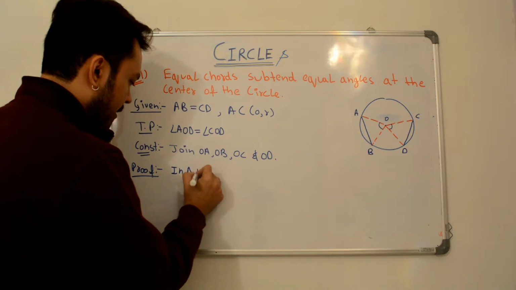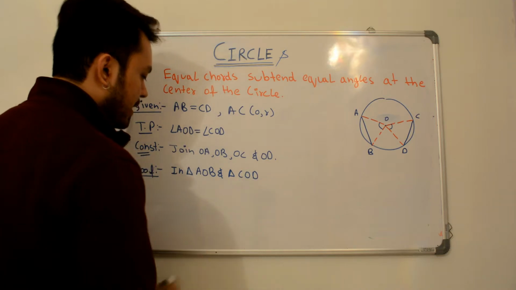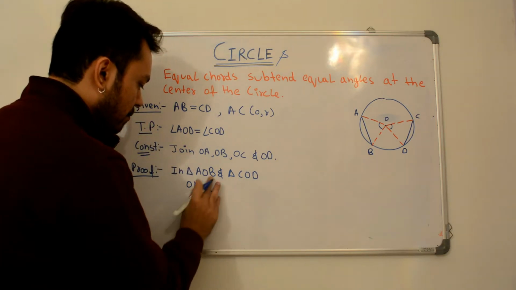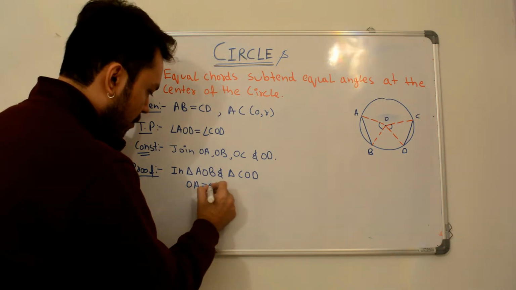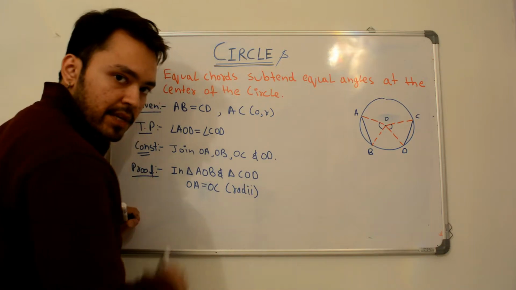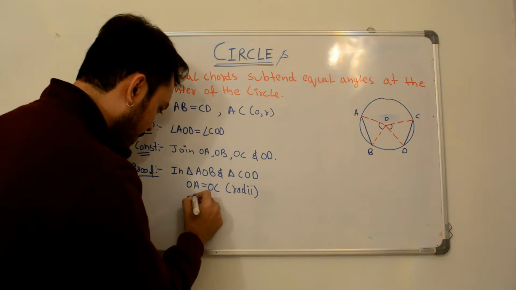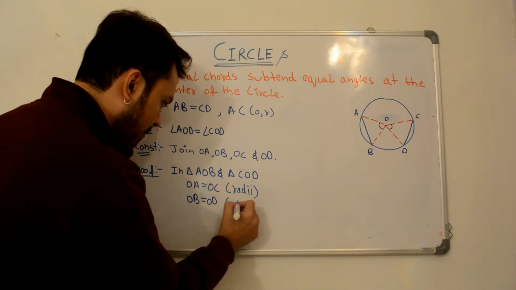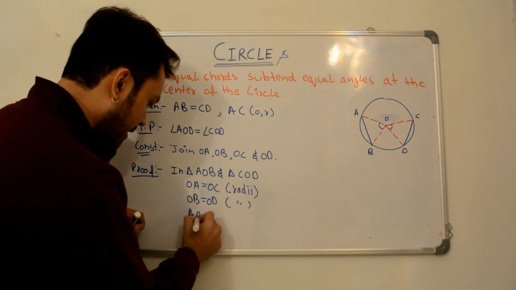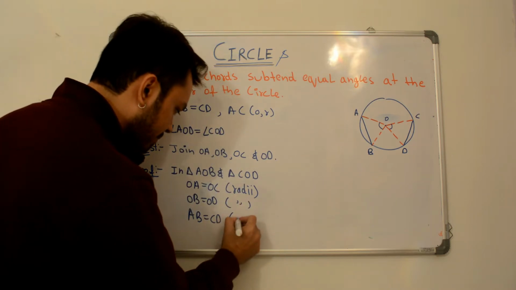In triangle AOB and triangle COD, OA is equal to OC. Why? Because they both are the radii of the same circle. Now OB is equal to OD. Why? Because again, same reason, radii of the same circle. And AB is equal to CD. That is what? That is given to us.